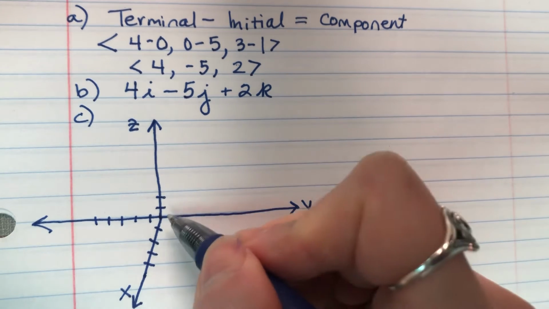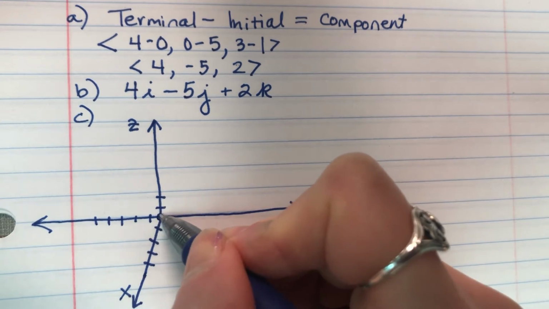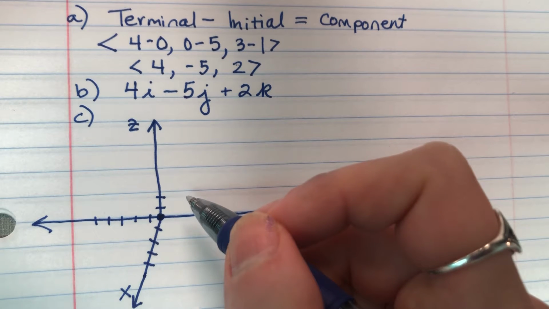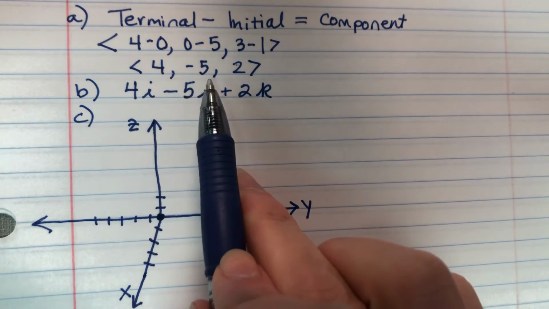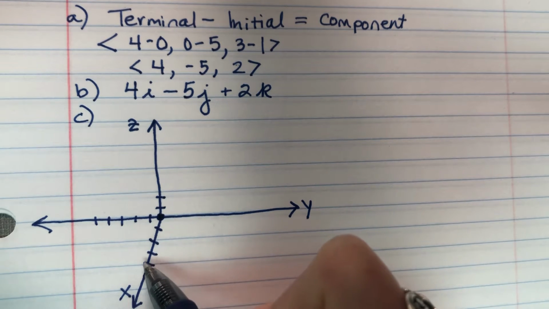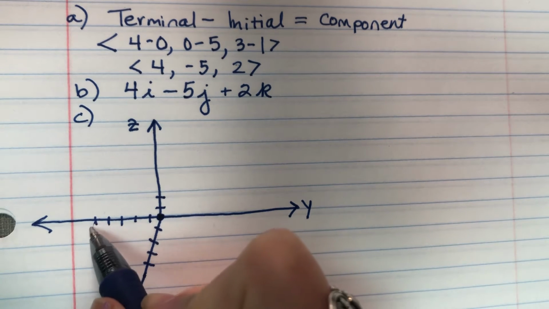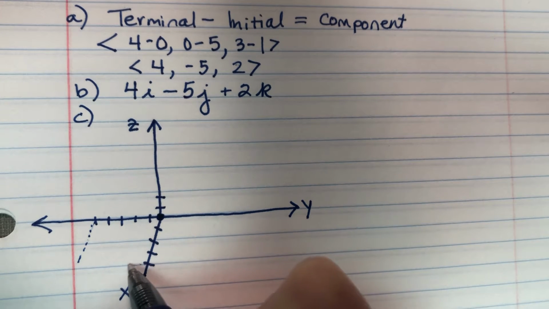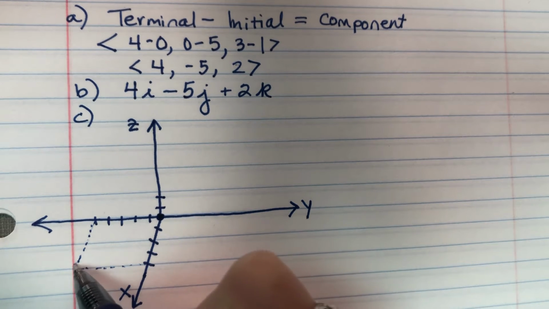Now, the vector will start at the origin, and then it's going to end at the point 4, -5, 2, okay? So if you make a little parallelogram here, kind of in a dashed format, the x and y would meet right here.